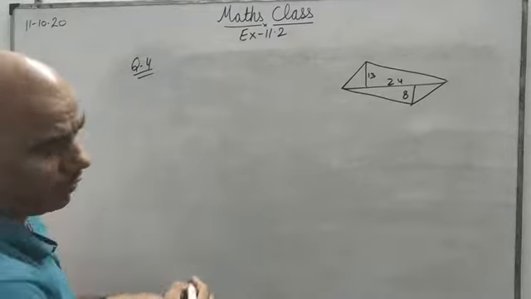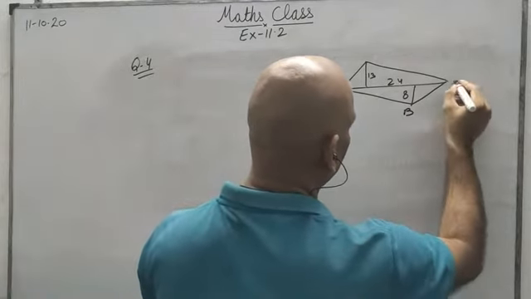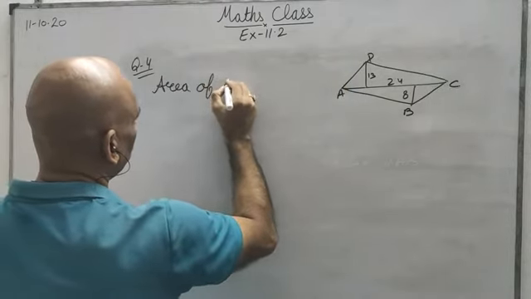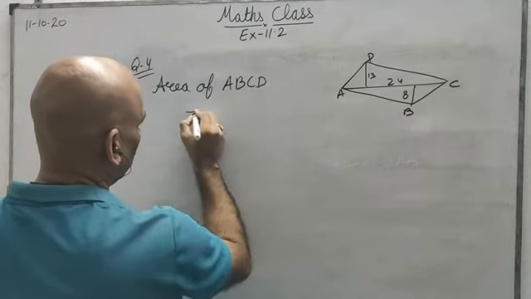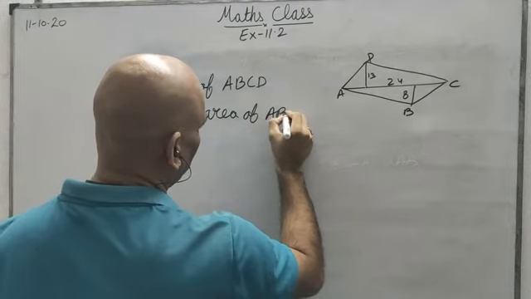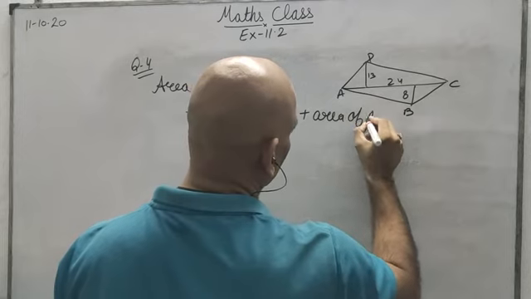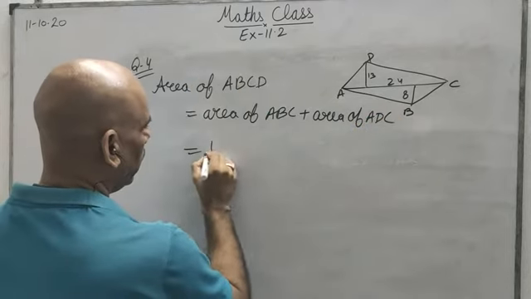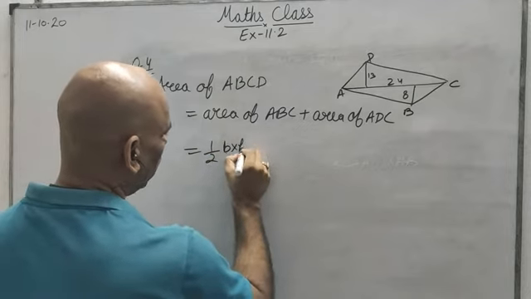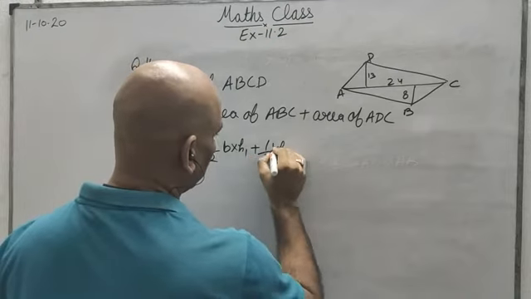So, if I name it, A, B, C, D, I want to calculate the area of ABCD. It can be calculated by area of ABC plus area of ADC. Now area of ABC is half base into height, and that is also half, height 1 and height 2.